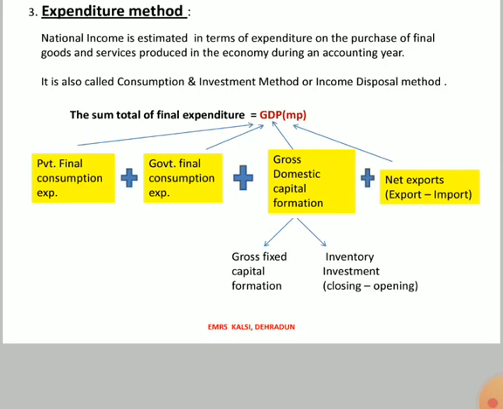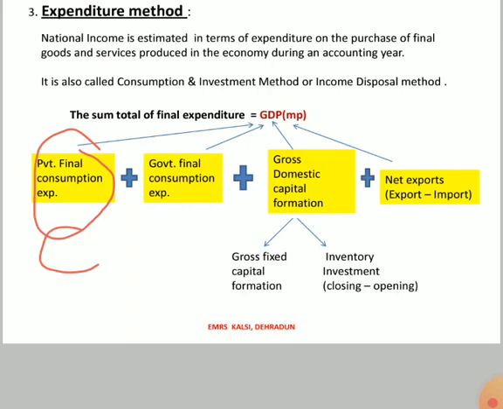Now, for what purpose do we make expenditure? There are 4 things. First is private final consumption expenditure, denoted by capital C. The citizens, the common people, make expenditure on basic requirements like food, shelter, clothes, television, radio.